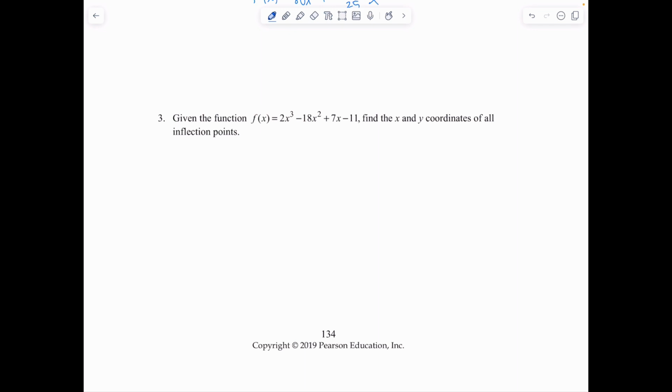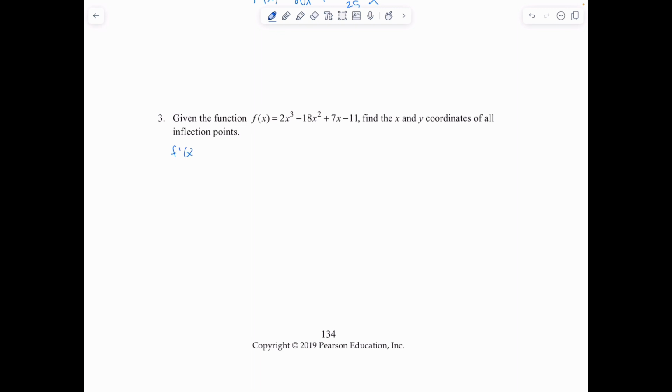Given the function f of x equals 2x cubed minus 18x squared plus 7x minus 11, find the x and y coordinates of all inflection points. Our inflection points are found by setting our second derivative equal to 0, so let's find our second derivative.